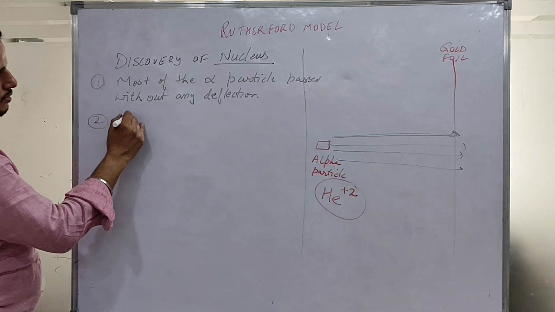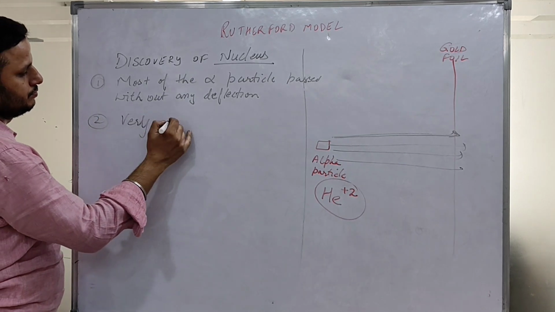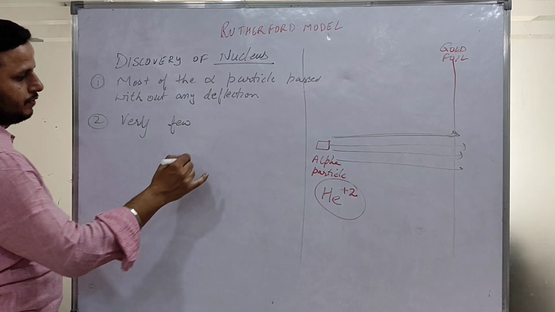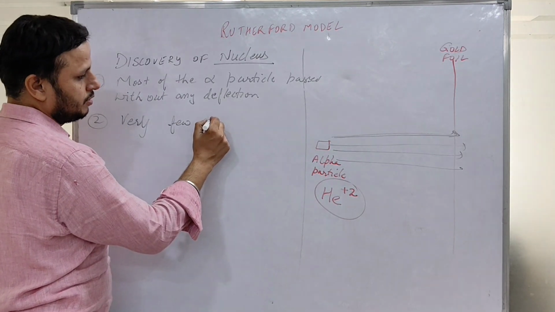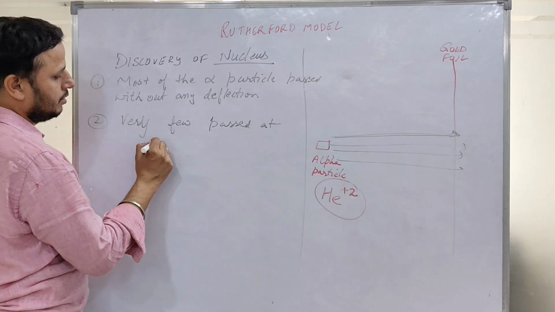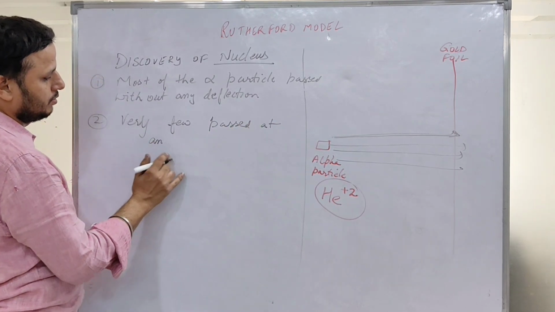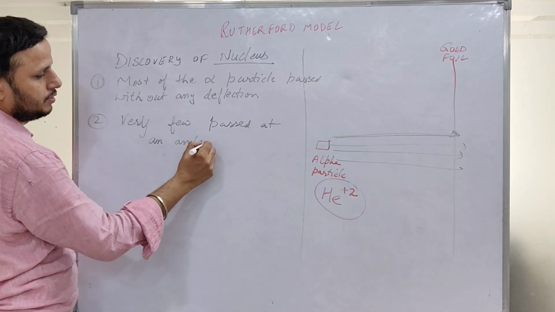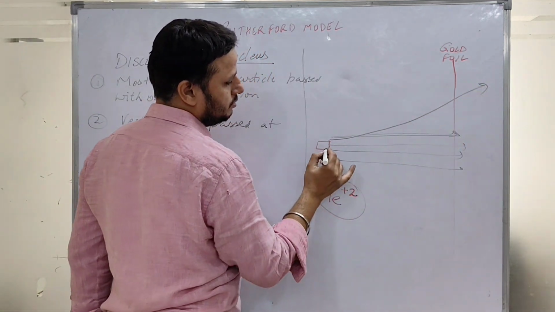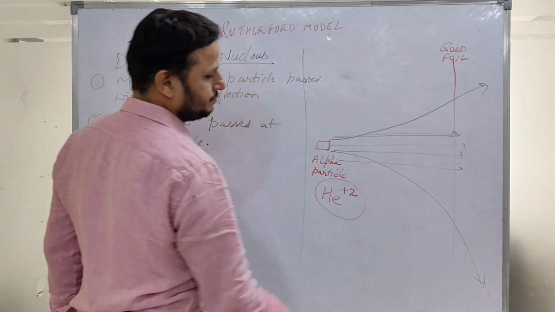Second, very few passed at an angle, or got deflection. Very few got deflection.